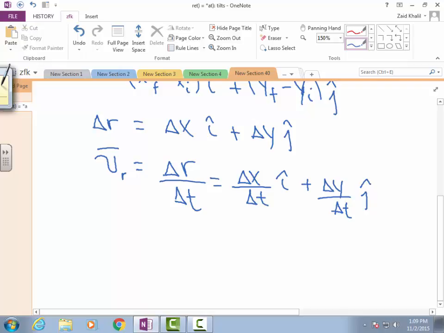What does delta X over delta T mean? That's the average velocity in the X direction. So we have VR average equals Vx average i hat plus Vy average j hat. That should be an R.